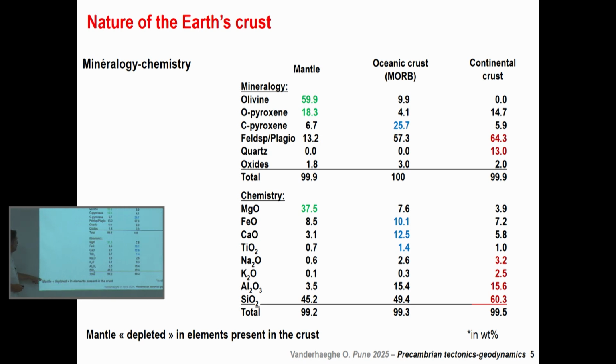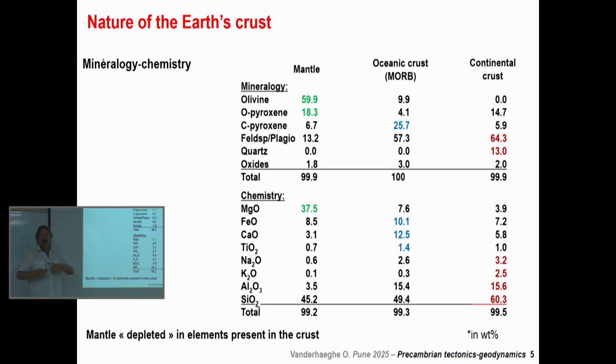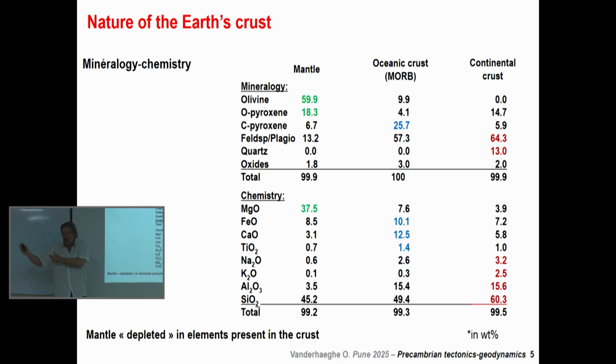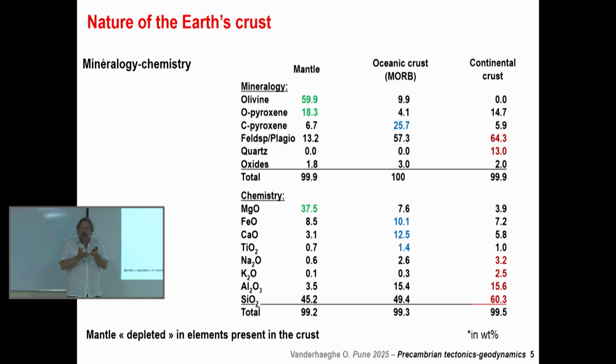So it looks like the mantle is depleted in elements present in the crust. And that leads us to the mechanism that Nitin Karmalkar has mentioned, the formation of the crust by extraction of a magma from the mantle, with incompatible and mobile elements that will be preferentially taken out of the mantle and form the crust.